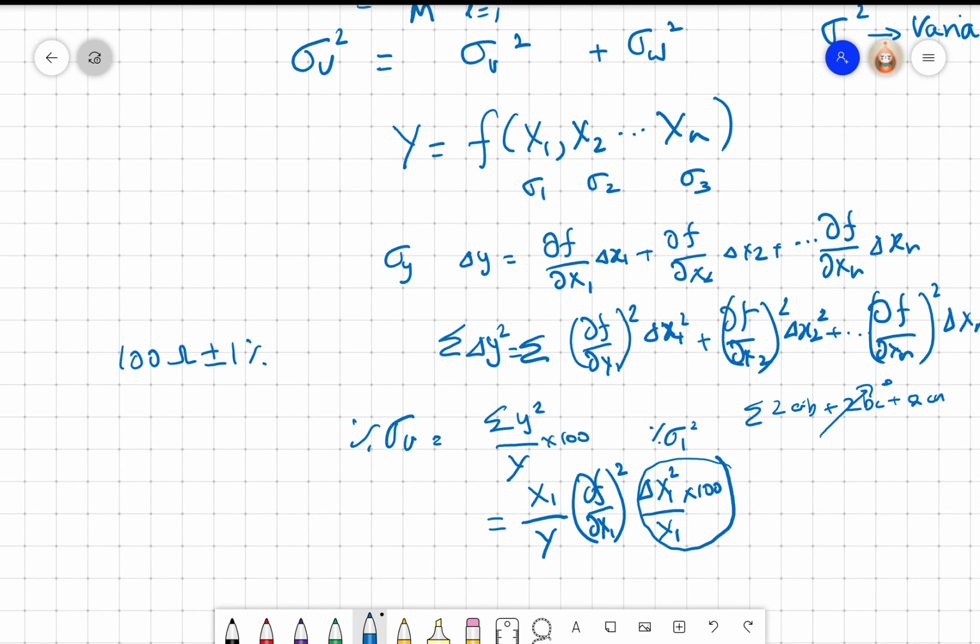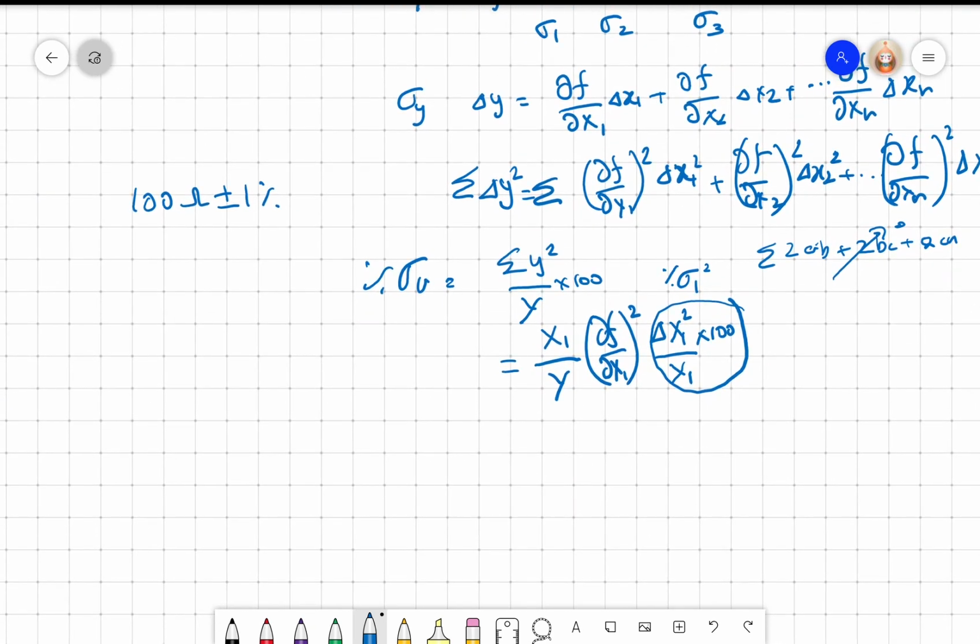Okay. So we can do the same thing. The basic thing is this is sigma y square, because we have taken out the root, right?